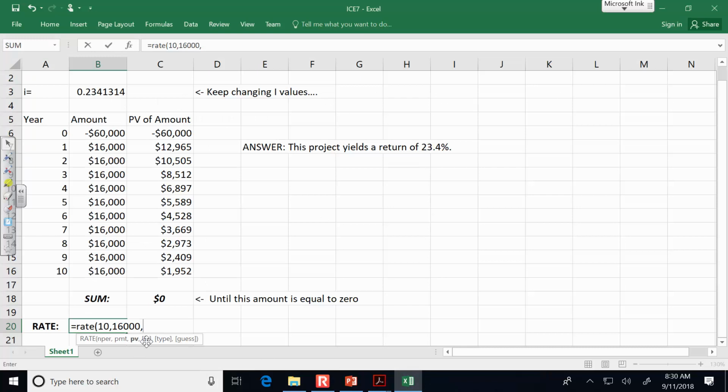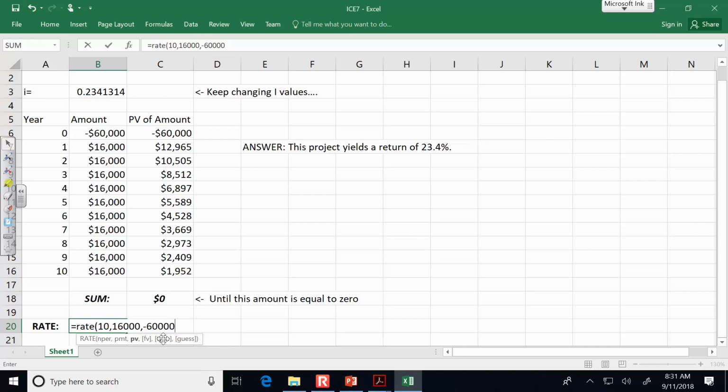So here where it says PV, we're going to put negative 60,000, close parentheses. All these other things that are in brackets, that's an optional thing that you can tell the computer. We don't have a future value in this problem. And type is referring to whether the payments are at the beginning of the year or at the end of the year.